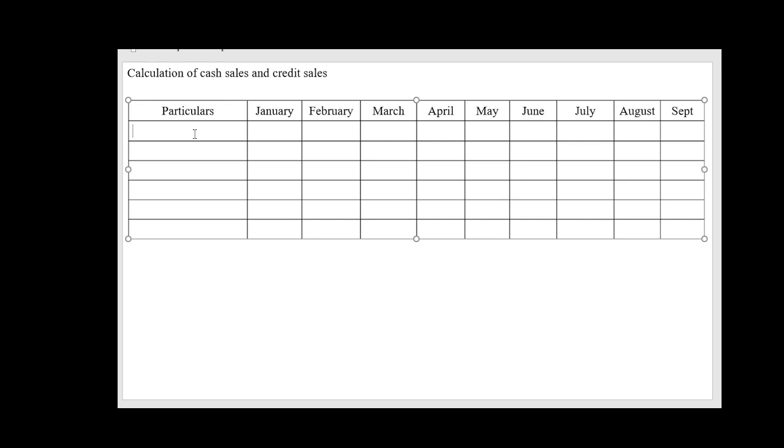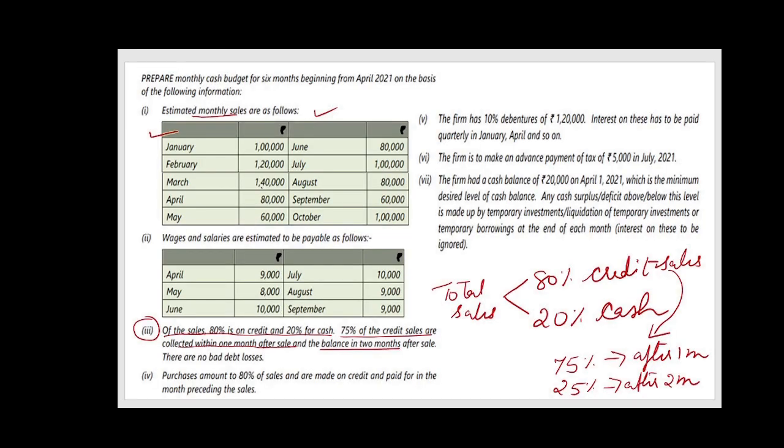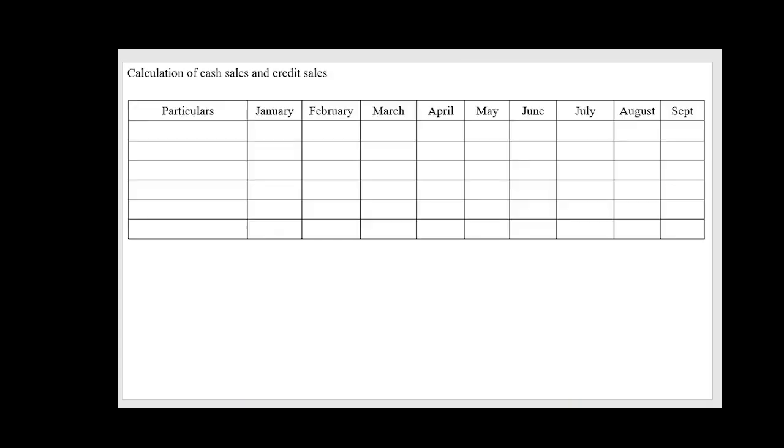So let us quickly write the figures for January, February, March, April, etc. This information you will get from this table. Okay, the first table, this is where you will get the information. Now I'm going to write all this total sales for all the months.